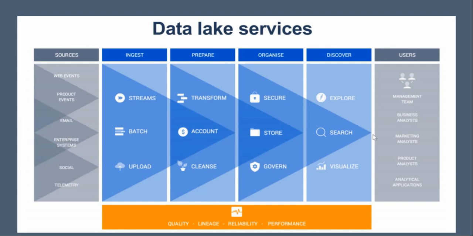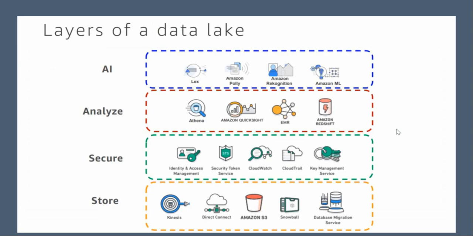Then you discover the data, and finally you let the users use it. This slide will be of interest to architects, because generally they would want these kinds of slides to explain to your senior leadership what you're going to do. But if you're just doing it for yourself and you're not in that kind of job role, then you can just take the slide as a help.